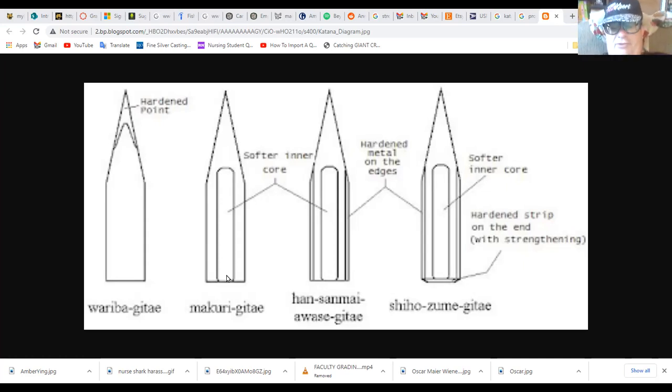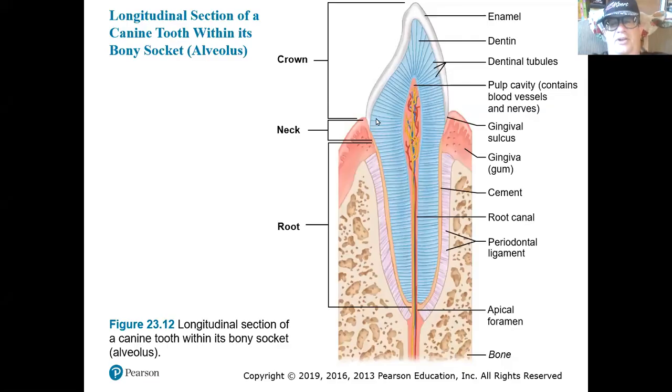Okay, so what's that have to do with our tooth? Let's go back to our picture of our tooth here. You can see, same orientation. We got the hard jacket on the outside. It's tough. I mean, steel's tough. We have a tough, but not super brittle, more durable core here. That's useful for long life in the tooth.